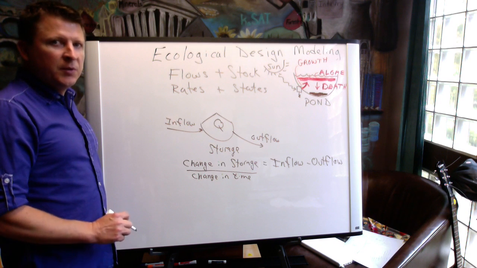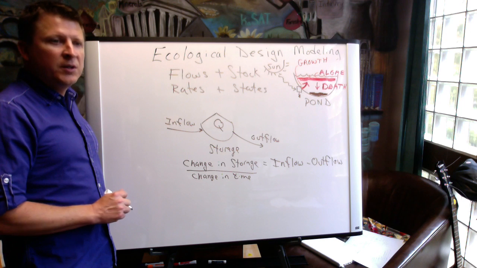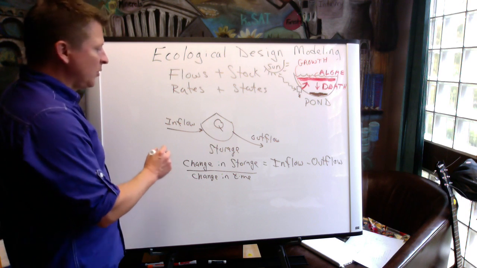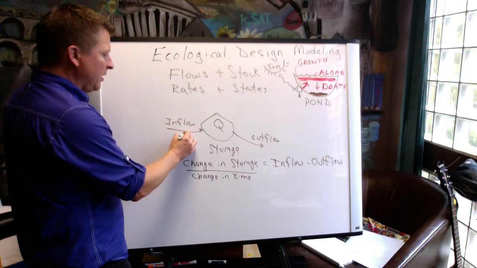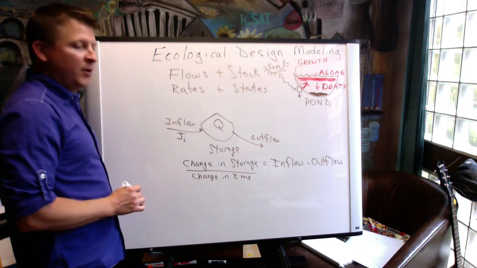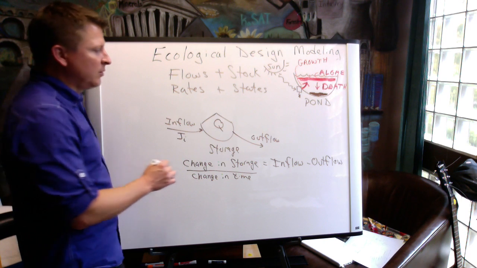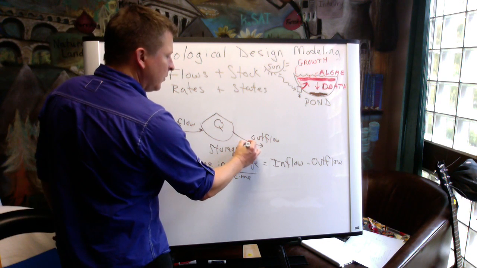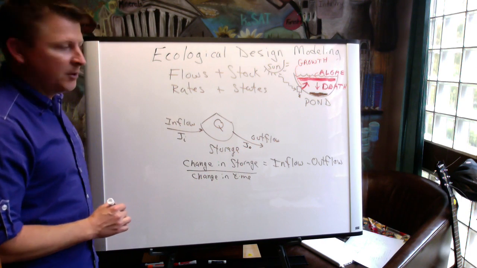So our next step then is to turn this into a differential equation, or a difference equation. So we're going to symbolize our inflows with J for flows, and give it a subscript of I to indicate inflow. And our outflow will also symbolize with a J, but we'll give it a subscript of O for outflow.